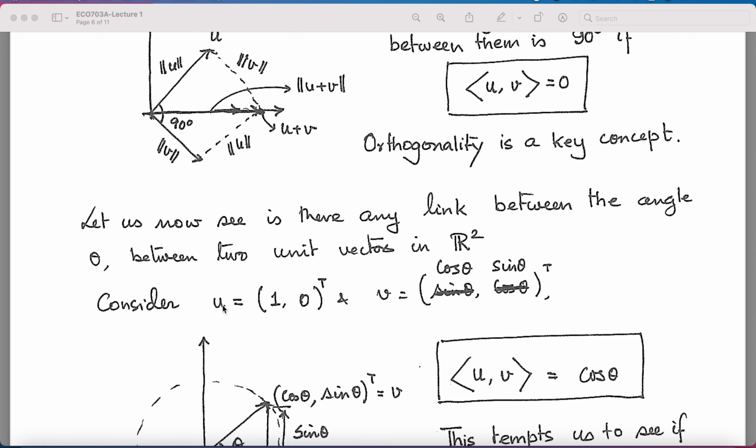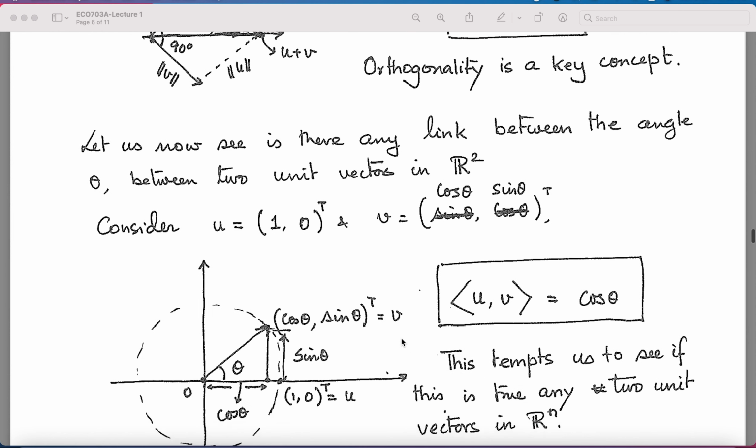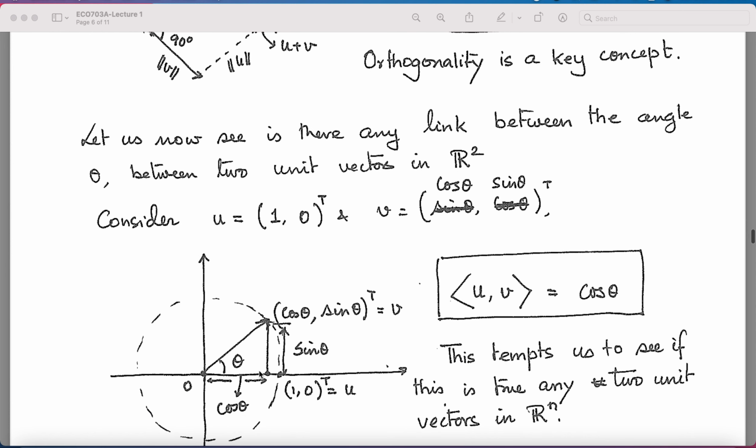Basically u equal to (1, 0) transpose means u is actually 1, 0; instead of writing it as a column vector, for space I have written it as a row vector. Now, you take the vector (1, 0) on the line and consider a circle of radius 1 centered at 0. So, (1, 0) is also on the circumference of the circle.